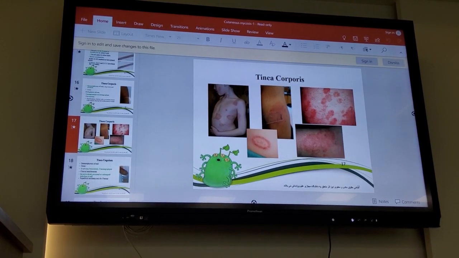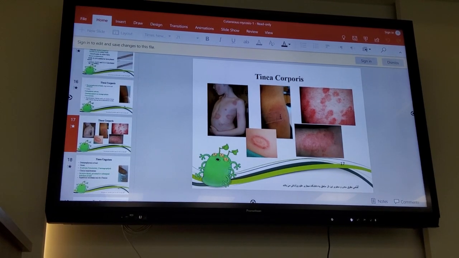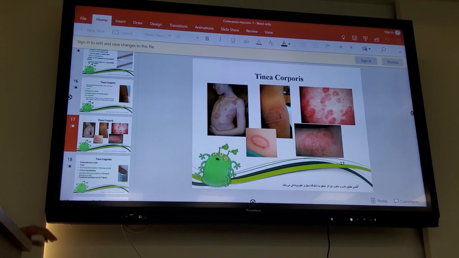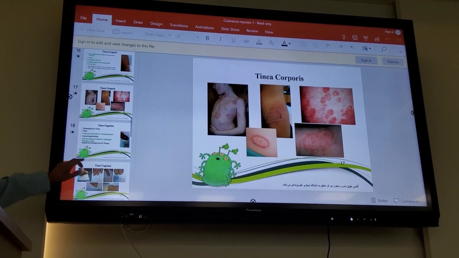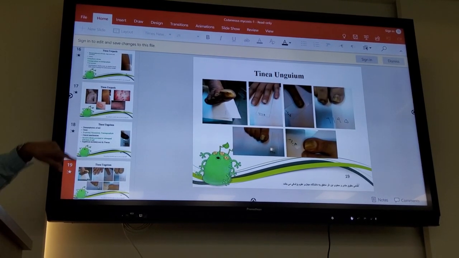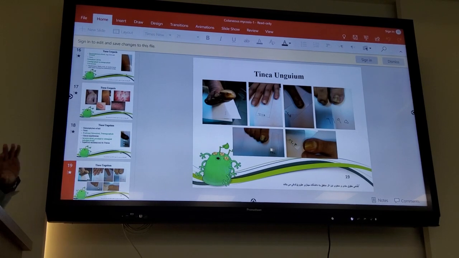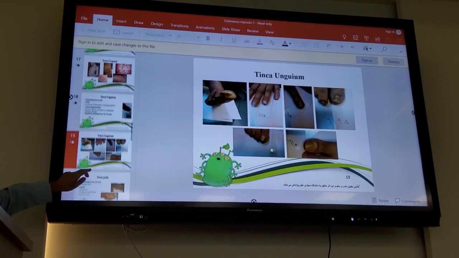Therefore, for a good diagnosis and a good treatment, you need a correct diagnosis with a laboratory report. Another shape of infection is tinea unguium. I think it is better I explain it at the end, because it needs more explanation and description.